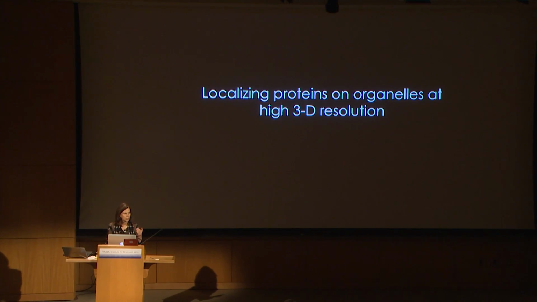And the approach that we've been taking really builds from the 20 years or more of work that people have done using fluorescent protein technology, which allows you to tag proteins of interest and then look at how they're distributed.